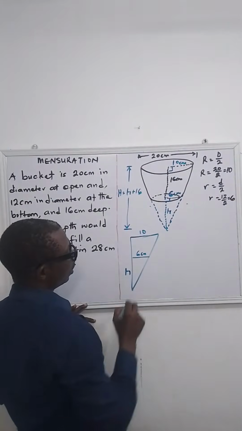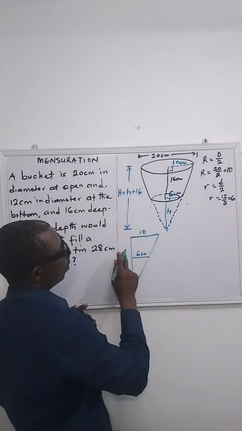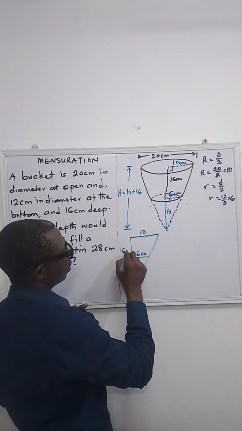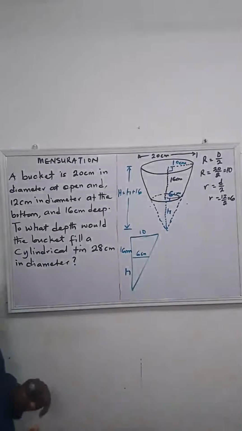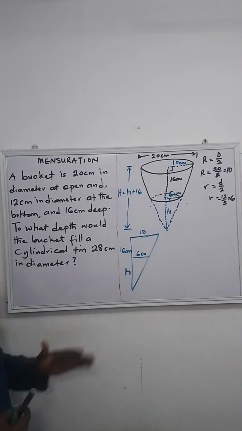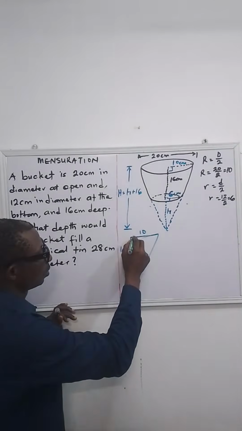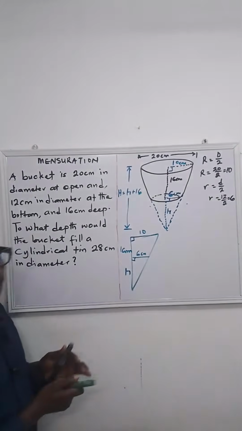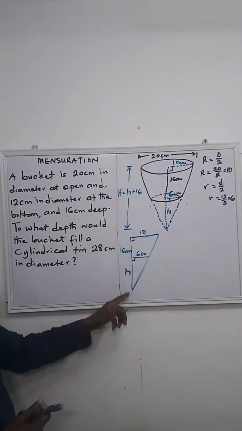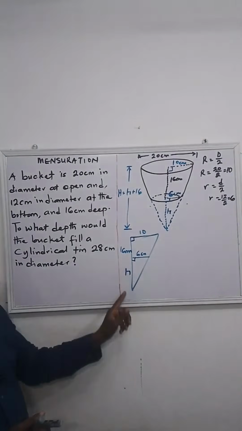Here is h, while here is 16. Now we have two right angle triangles, the big right angle triangle and the smaller one.